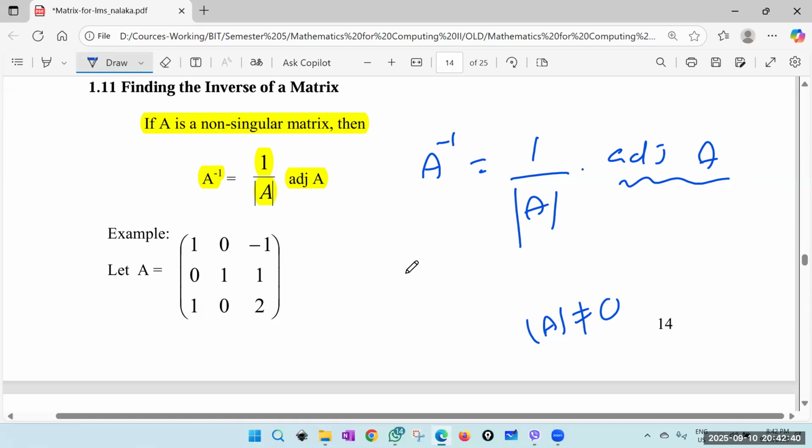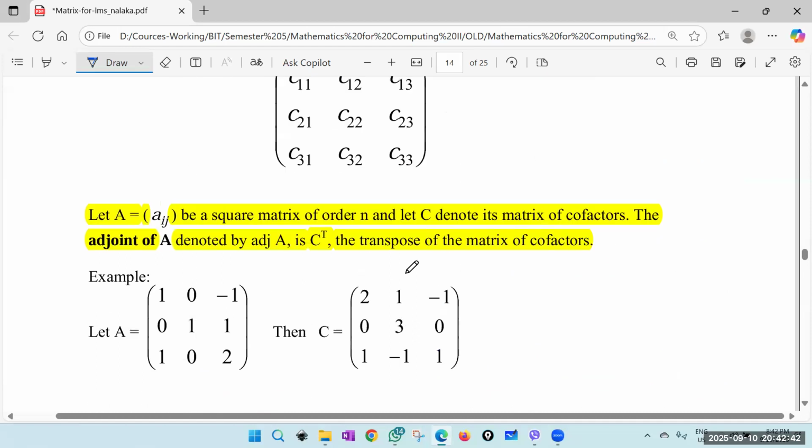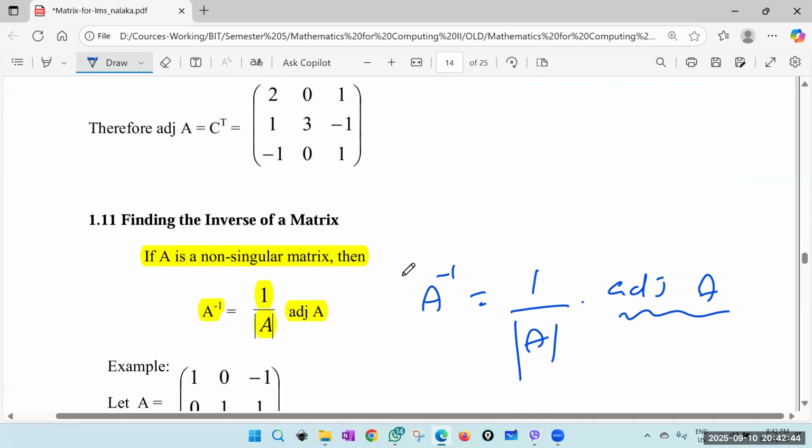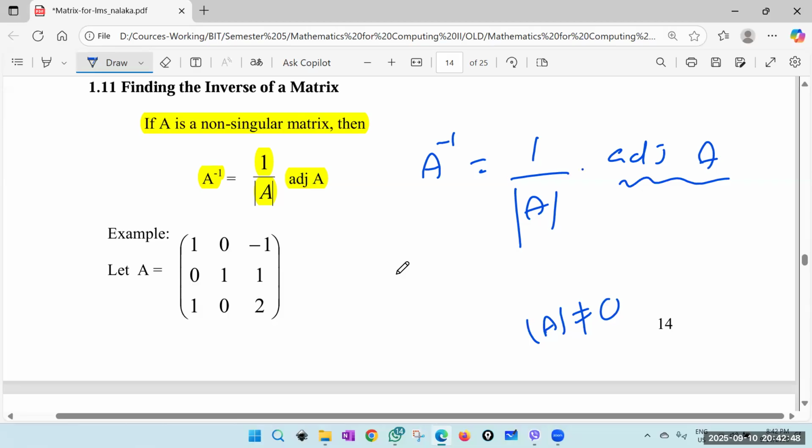Right. So how do you find the adjoint matrix? So the adjoint matrix is the transpose of the cofactor matrix. So if someone asks what is the adjoint matrix of a given square matrix, the simple or initial answer is that it is the transpose of the cofactor matrix of A. The cofactor matrix of A, its transpose is the adjoint matrix.